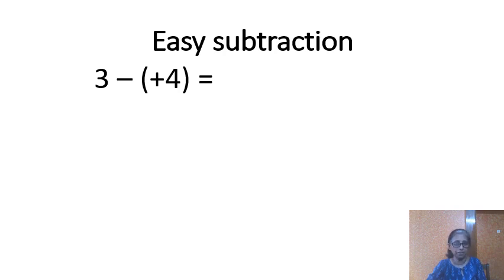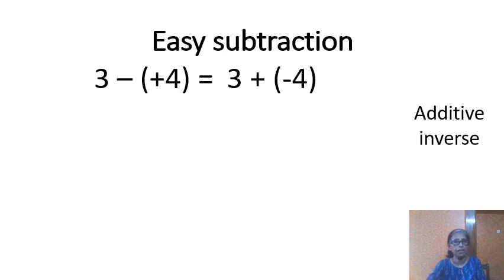But in integers, we don't do it directly. So we convert that subtraction to addition form. See, I have here changed minus sign to plus sign. But you cannot just simply convert minus to plus like that without making any change.